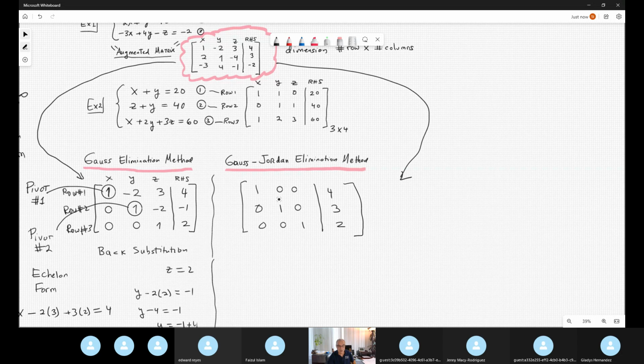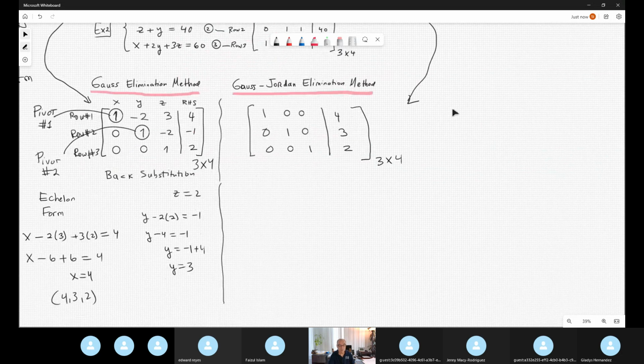And this is, again, the dimension is 3 by 4. I forgot here, 3 by 4. It's the same dimension because this is the same matrix. They are equivalent, they represent the same system, but I change the coefficients using the magic Gauss elimination or Gauss-Jordan elimination method. Entonces, in this case, this new matrix is called reduced echelon form.